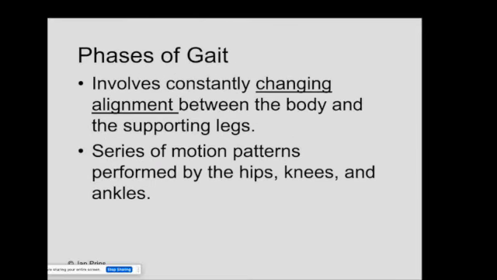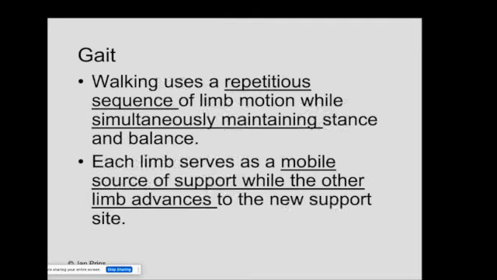Phases of gait involve constantly changing alignment between the body and the supporting legs. A series of motion patterns performed by the hips, knees, and ankles. And these underlined words are very important. Walking uses a repetitious sequence, right? It's got to be repetitious while simultaneously maintaining stance and balance.